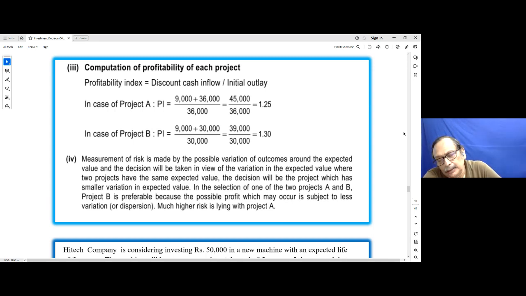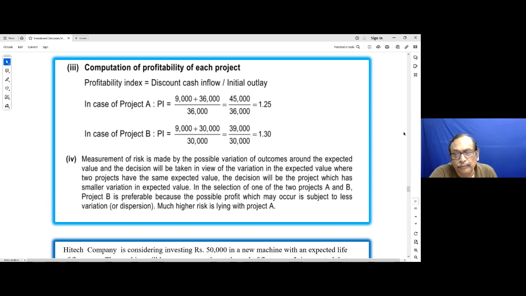Standard deviation is nothing but the root mean square deviation from the mean. Hence, measurement of risk is made by the possible variation of outcomes around the expected value, and where two projects have the same expected value, the decision will be the project which has smaller variation in expected value, that is smaller standard deviation.